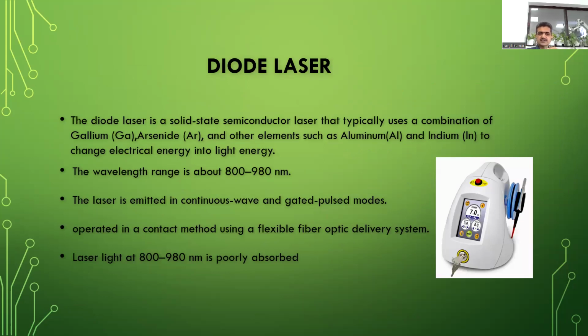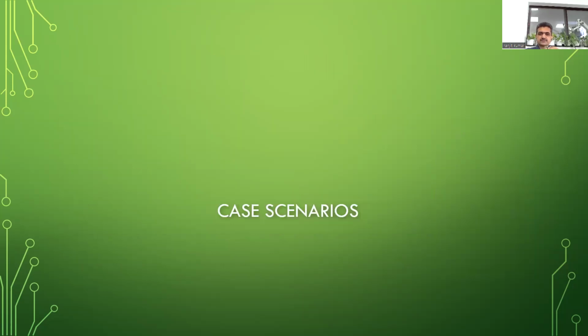This diode laser is a solid state semiconductor laser that typically uses a combination of gallium arsenide and other elements such as aluminum, indium to change electric energy into light energy. The wavelength is 800 to 900 nanometer.